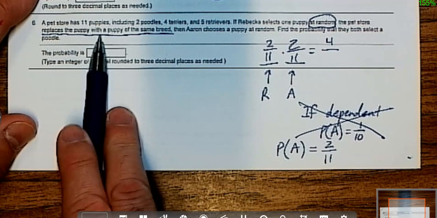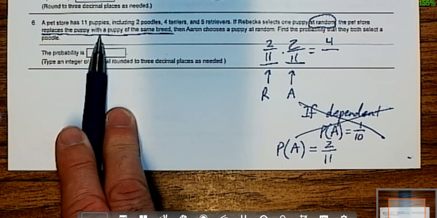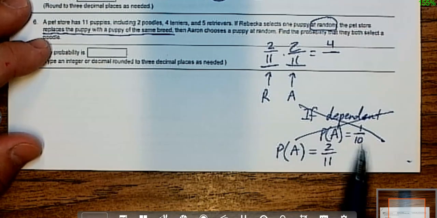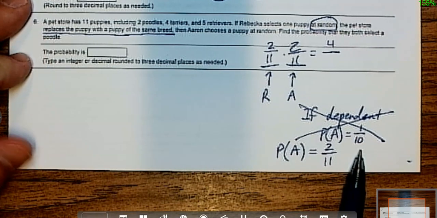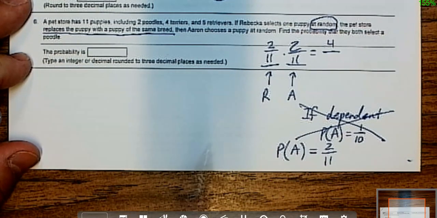Now, if they had not replaced the puppy, like a lot of pet stores probably wouldn't, then we would have had a 1 out of 10 situation. It's kind of like those situations with decks of cards where they put the card back in the deck, or do they keep it out of the deck?